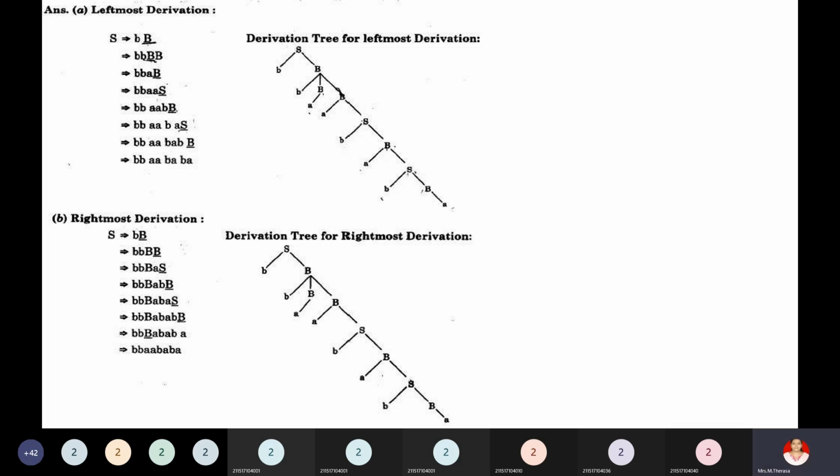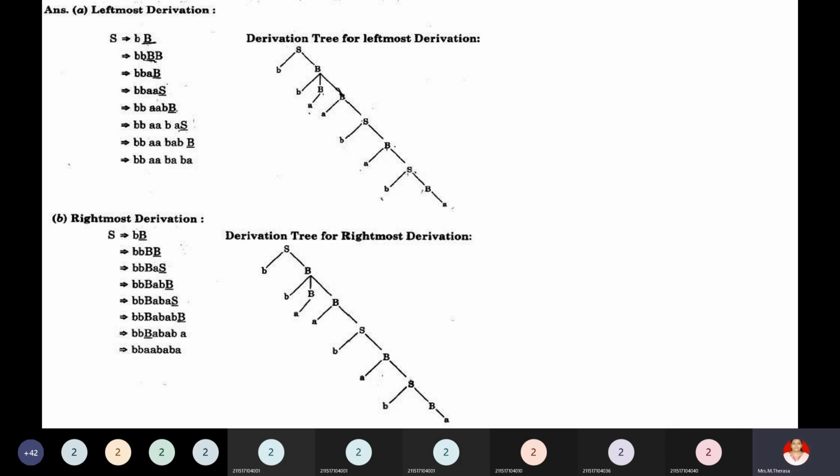So now there are two non-terminals, but we are going to use leftmost derivation. So choose the leftmost B and replace it as A. Then you have only one S, which can be replaced by AS. Then this S has to be replaced by BB. Then this B is replaced by AS.